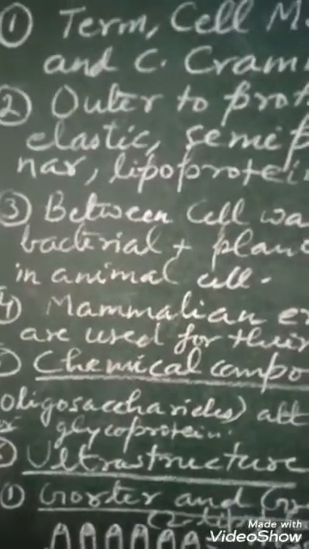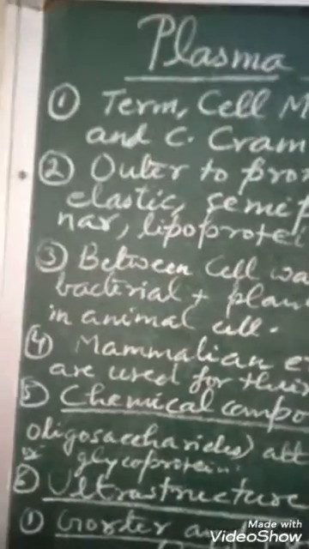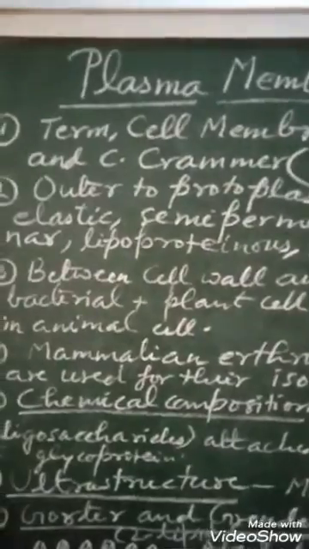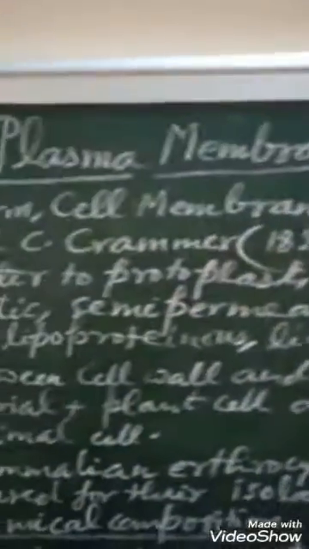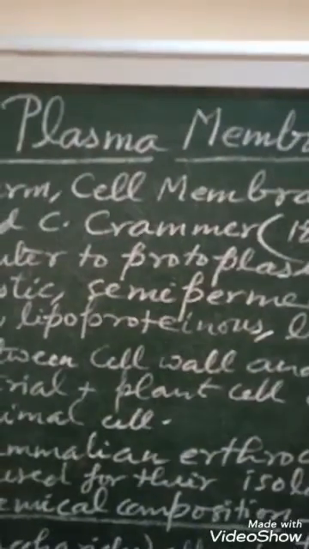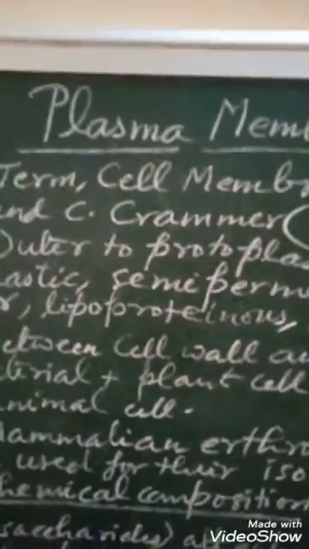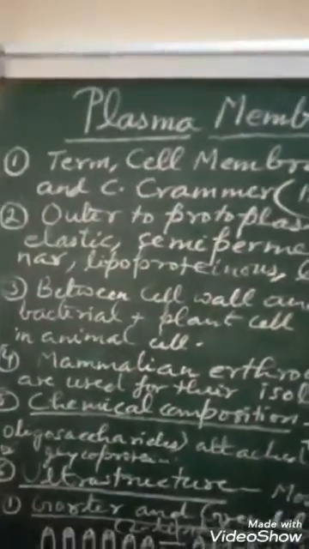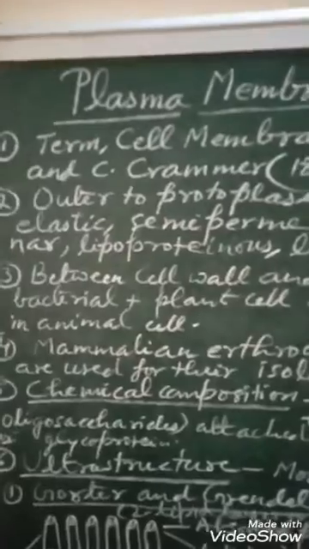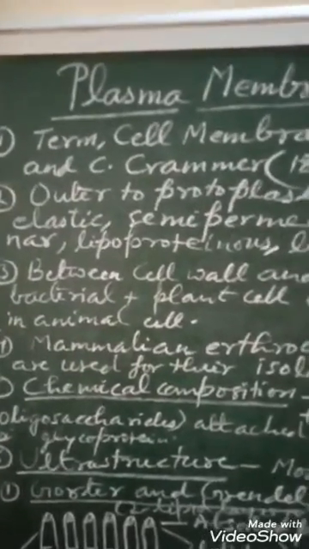So, in order to know the structure and function of the plasma membrane, which is the outermost boundary of any cell or outer to the protoplast, what cell type could be selected to study its structure and function in detail?